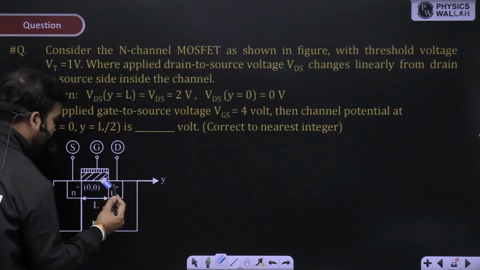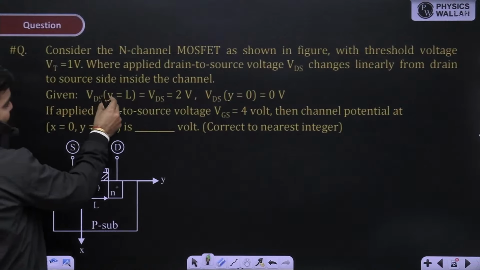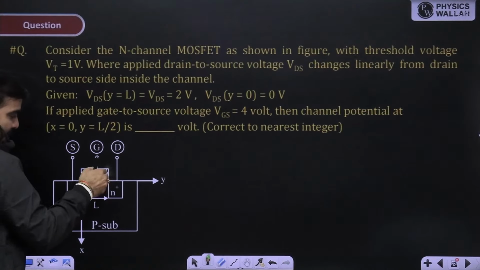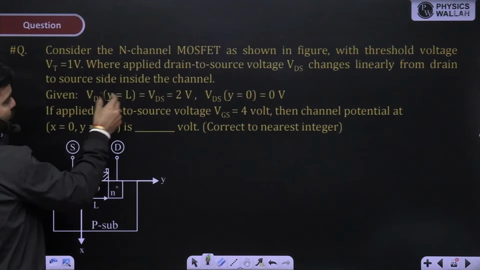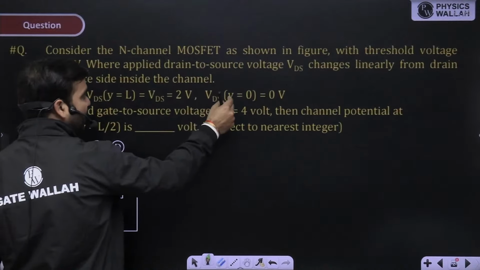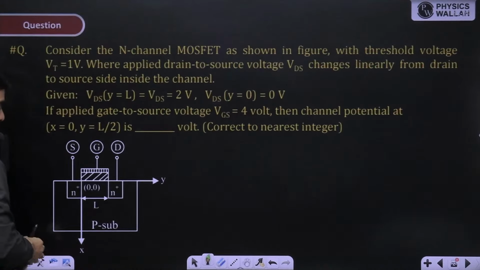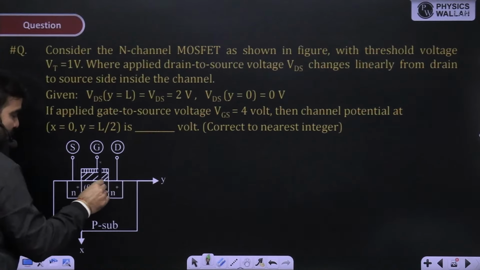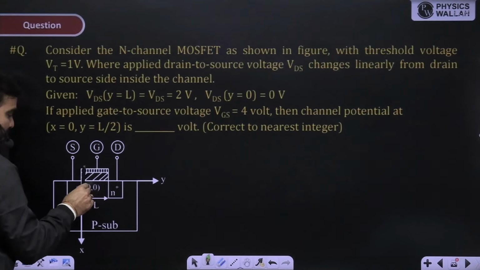So the question is saying that the VDS at y equals to L, at the drain end side of the channel, drain to source voltage VDS is equals to 2 volt. And this VDS at y equals to 0 is 0 volt. Meaning is that from 2 volt to 0 volt, drain to source voltage is changing 2, 1.5, 1 and like that.